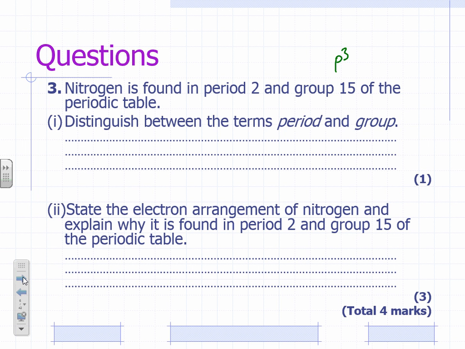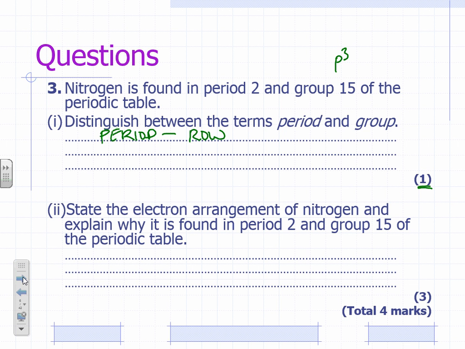So distinguish between the terms period and group. Period is the row of the periodic table, and given that this answer is only worth 1, we probably don't need to elaborate.